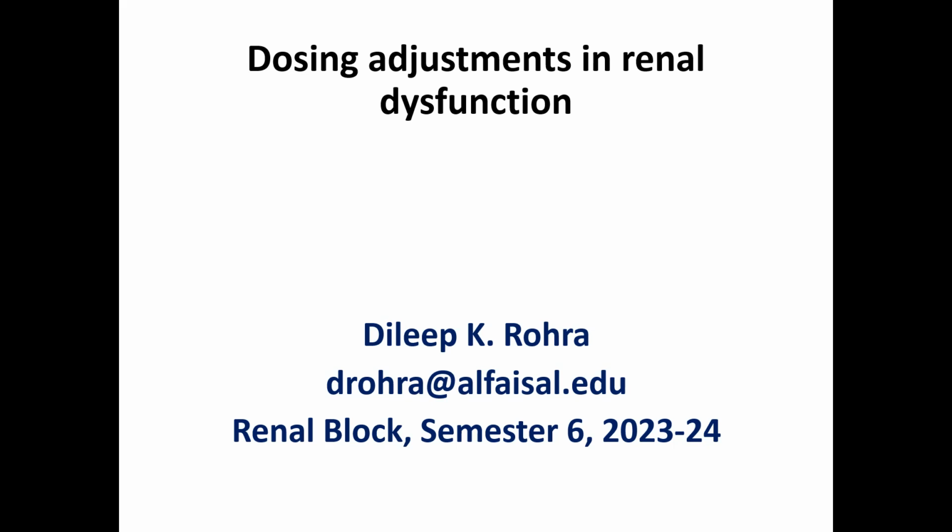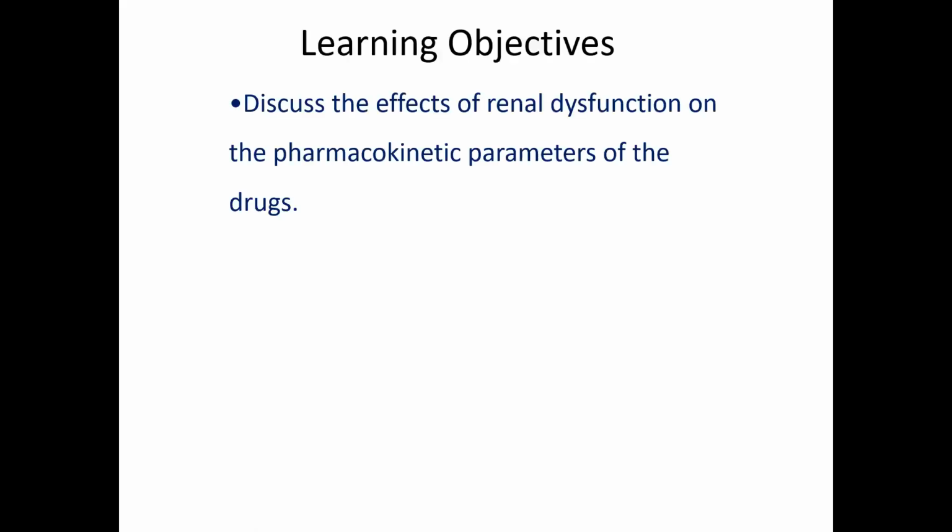Dosing adjustment in renal dysfunction or renal failure or renal compromise status, whatever you call it. In this lecture, we'll discuss the effects of renal dysfunction on the pharmacokinetic parameters of the drugs. Basically, this is the clinical application of what we have already learned in the POD block.